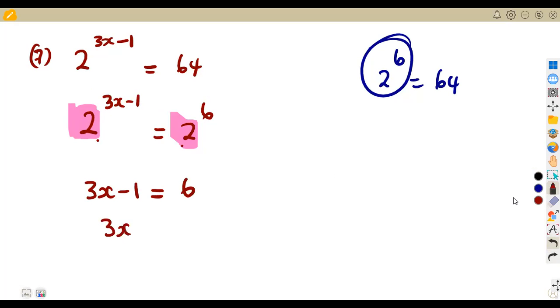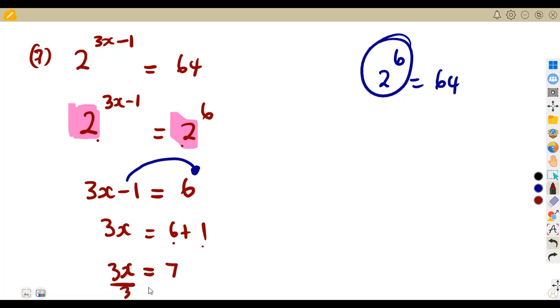So we can transpose the minus 1. Remember your equations, guys. Once a number jumps the equal sign, it changes its sign. If it was a plus, it becomes a minus. This one was a minus, so once it crosses the equal sign, it becomes a positive. So 3x must be equal to 6 plus 1, which is 7.